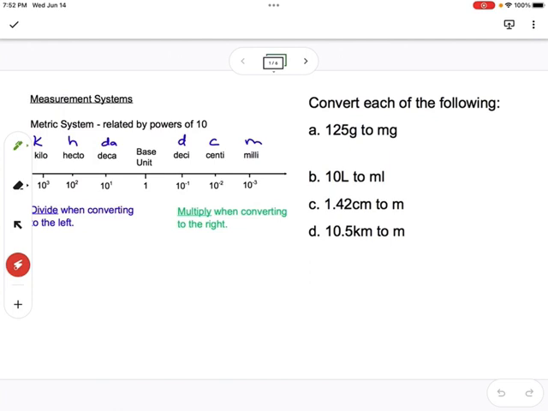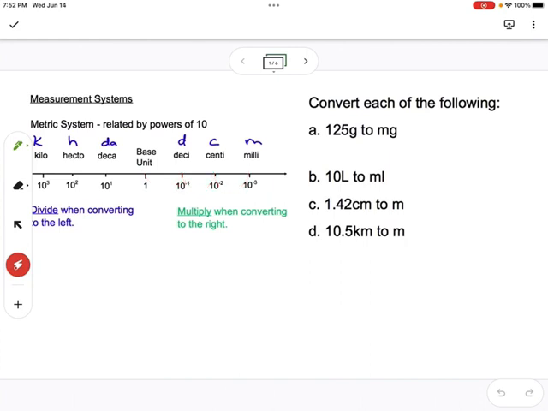Looking at the first one here, we are going from 125 grams to milligrams. Grams is the base unit, and we're moving over to milligrams, so we're moving over 1, 2, 3.